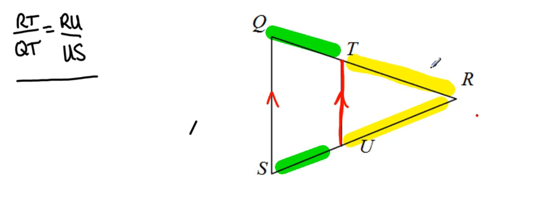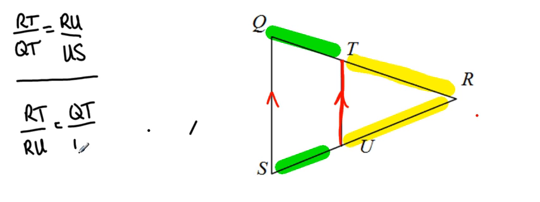We could also look at it as top over bottom equals top over bottom, or RT compared to RU is the same as when we compare QT to US. Notice that both of these proportions are two different ways of writing the exact same thing.